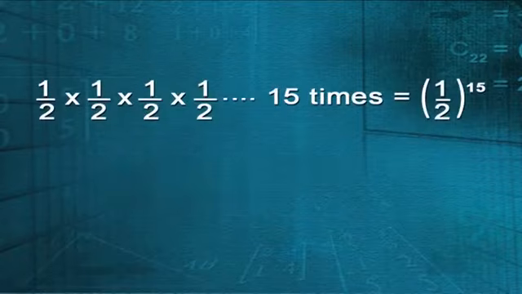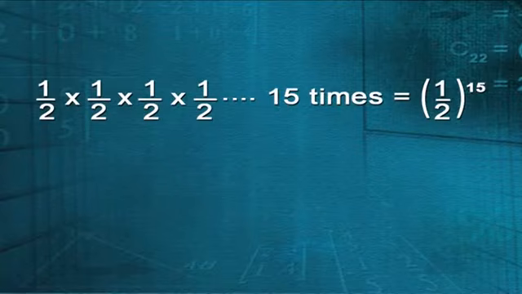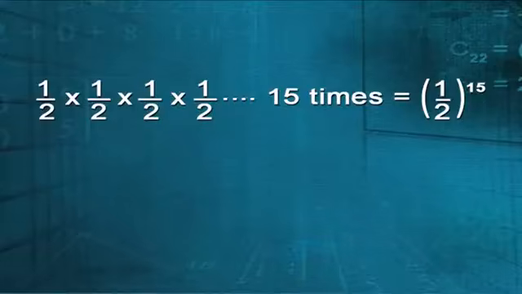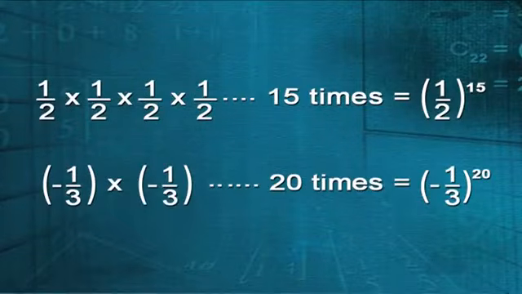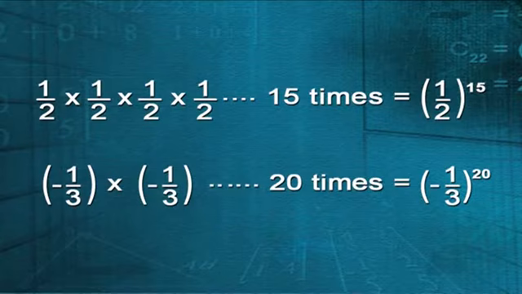Likewise, 1 by 2 multiplied by 1 by 2 multiplied by 1 by 2, 15 times, is written as 1 by 2 to the power 15, where 1 by 2 is the base and 15 is the power or the exponent. Minus 1 by 3 multiplied by minus 1 by 3 multiplied by minus 1 by 3, 20 times, is written as minus 1 by 3 to the power 20, where base is minus 1 by 3 and power is 20 or the exponent is 20.